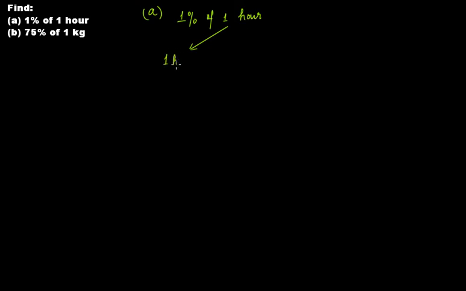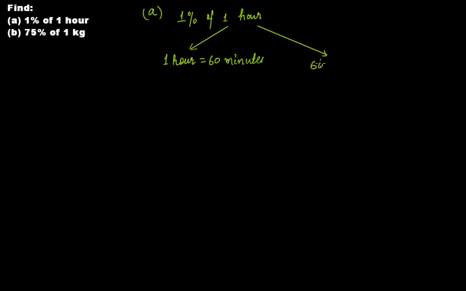So 1 hour has 60 minutes, right? And the second approach can be to convert this hour into seconds. If 1 hour has 60 minutes, now each minute has how many seconds? It has 60 seconds.